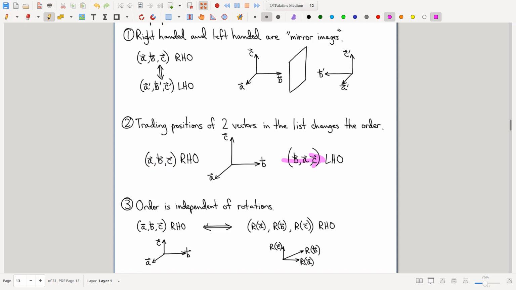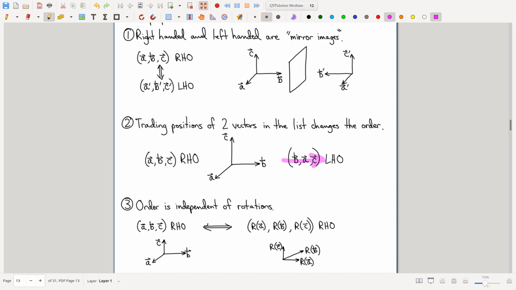What if I do B, A, C? I can't make B, A, C work. I can make the B and the A work, but then my thumb's not pointing in the right direction. But B, A, C is left-handed. Everybody on board with that? All right.